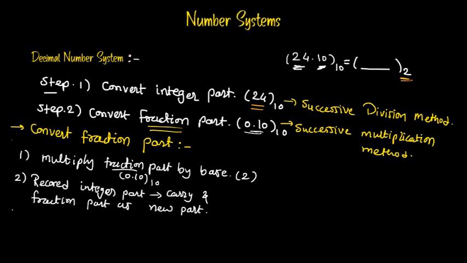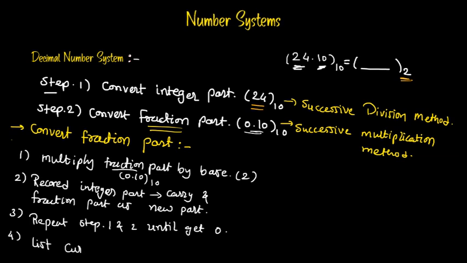Third step: repeat steps 1 and 2 until the fraction part of the product becomes 0, or until you have as many digits as necessary for your application. Fourth step: record or list all the carries from top to bottom.